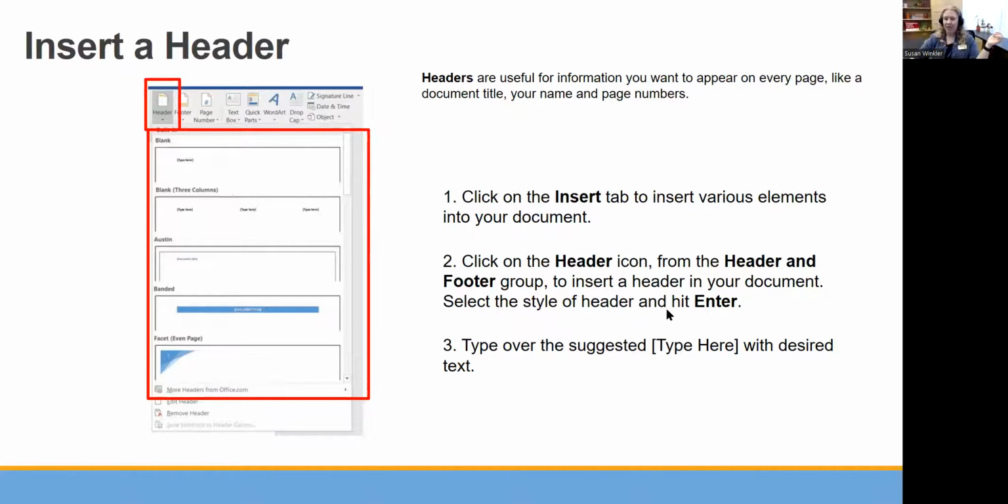Then you basically type over where the little boxes say type here and put in what you need. When we were looking at that resume a second ago, where the name was across the top, that was in the header. It was Susan Winkler in giant letters, and then the address underneath, that was in the header of the resume, okay?